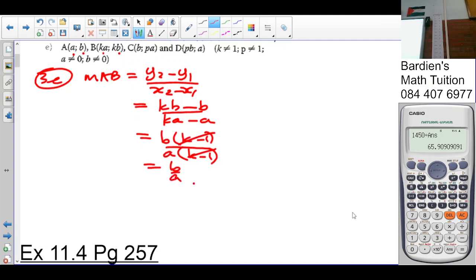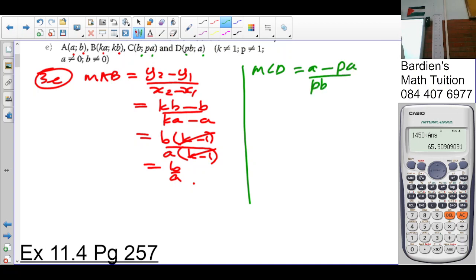Let's see what's going to happen when we do the gradient of CD. So again, that is x1, y1, x2, y2. So it's going to be A minus PA over PB minus B. So what do you notice there? A is common.